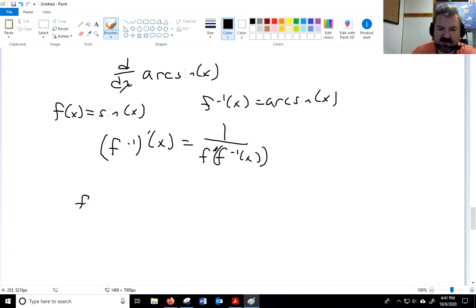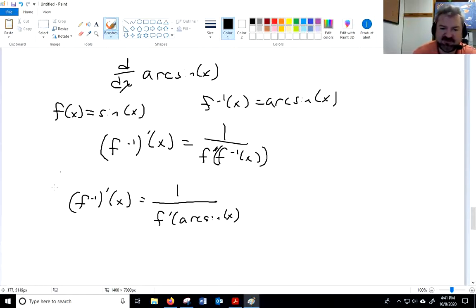So I know that f inverse prime of x in this case, well, what is f inverse of x? Well, f inverse of x is arcsine. So I have f prime of arcsine of x. What is f prime?